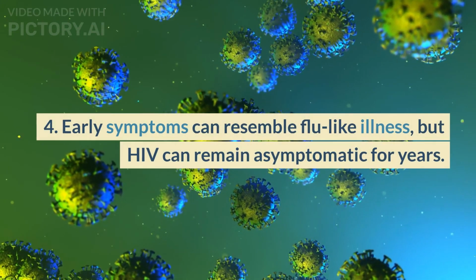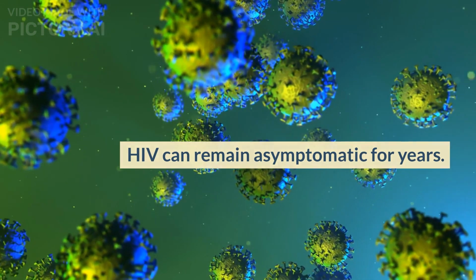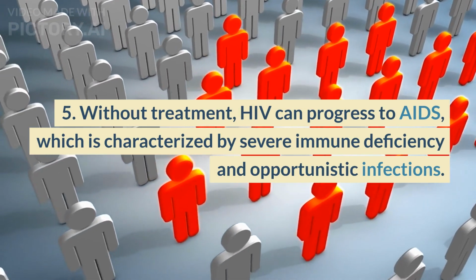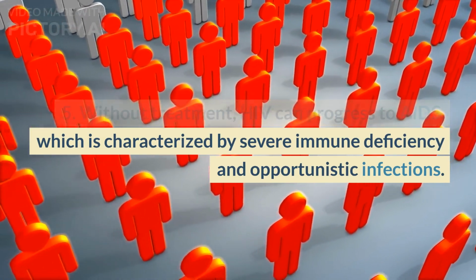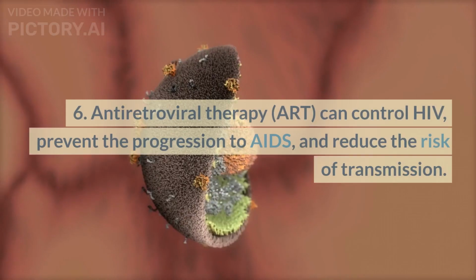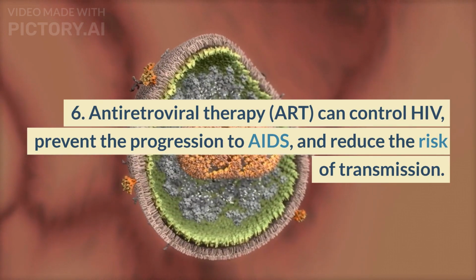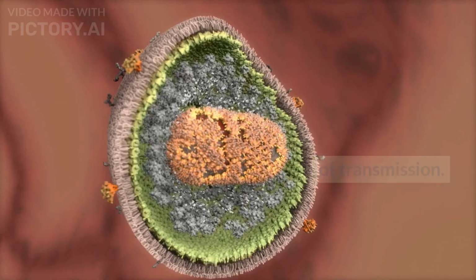Early symptoms can resemble flu-like illness, but HIV can remain asymptomatic for years. 5. Without treatment, HIV can progress to AIDS, which is characterized by severe immune deficiency and opportunistic infections. 6. Antiretroviral therapy, ART, can control HIV, prevent the progression to AIDS, and reduce the risk of transmission.